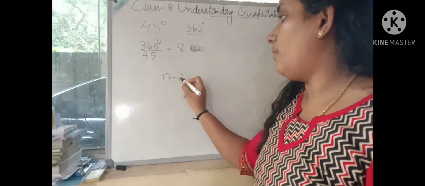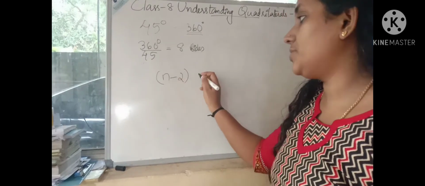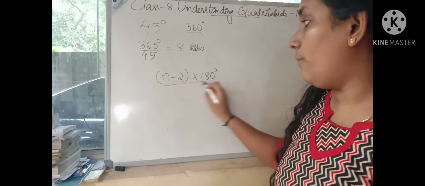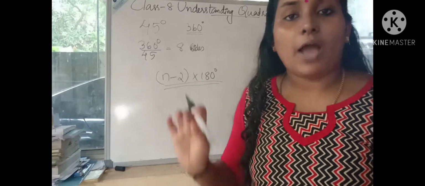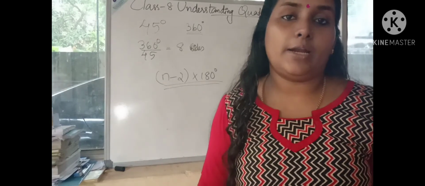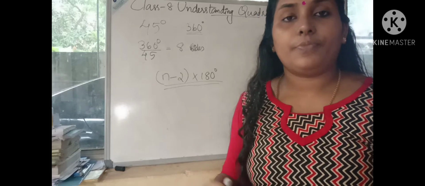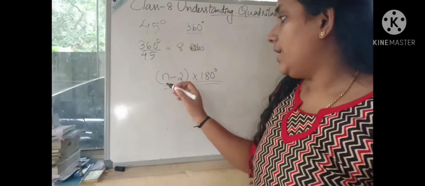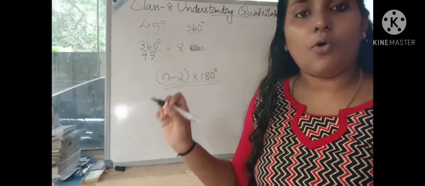This is the formula, that is (n minus 2) into 180. This formula will find the sum of the interior angles of the given polygon. A pentagon is given. We know that a pentagon has 5 sides, right? n is the number of sides of a polygon.